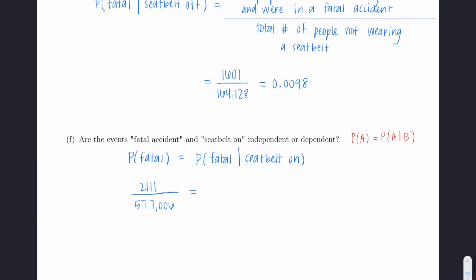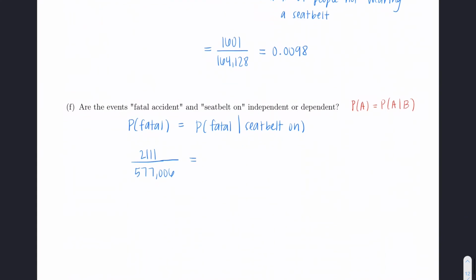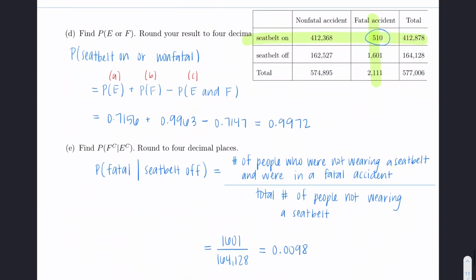Now the probability that somebody was in a fatal accident given that they had their seatbelt on, I'm going to look where the fatal and seatbelt on intersect. So 510. So that's my numerator here. And then I'm going to divide it by the total number of people who were wearing their seatbelt, which is that 412,878.